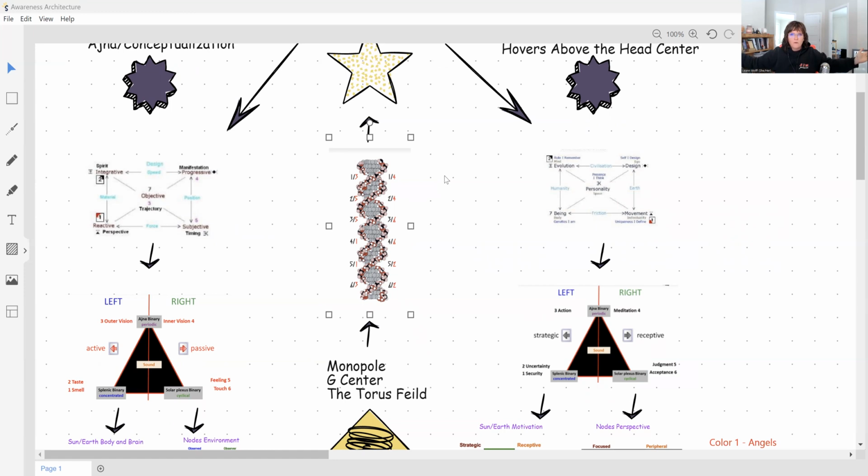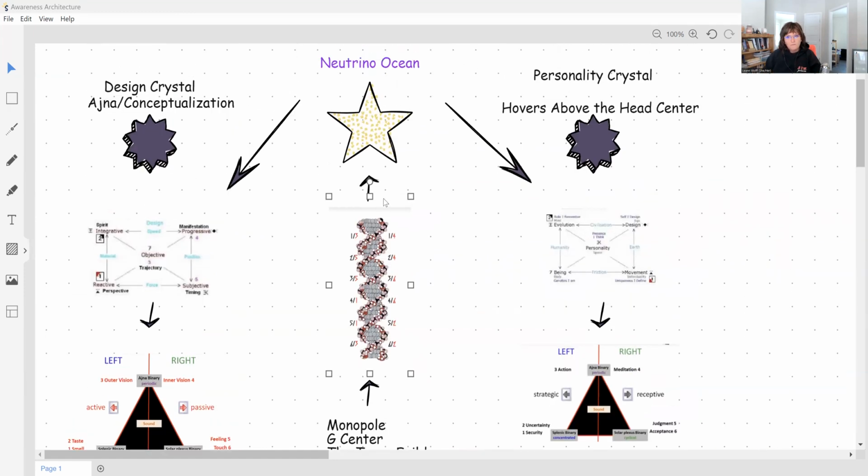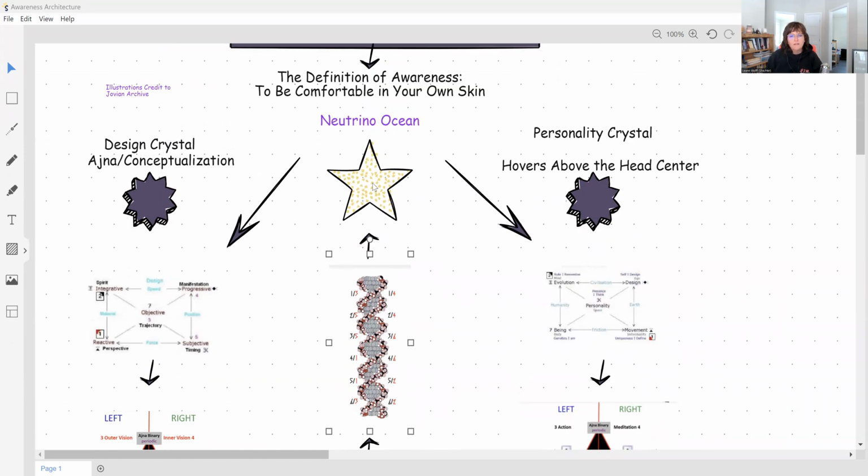And this is what awareness is. Once you express it, guess what? All of the data that you've moved through, you're now also putting out into the neutrino ocean and creating an extra layer of nuance in the data stream.